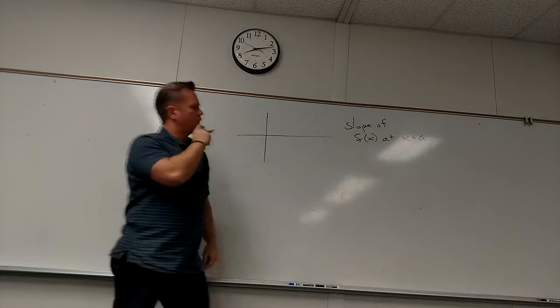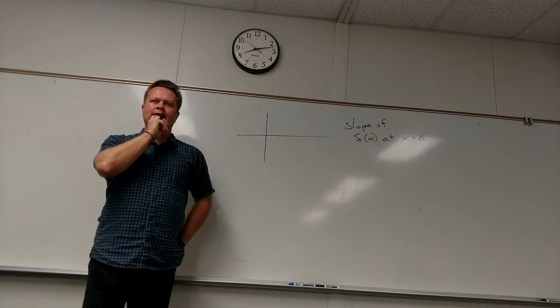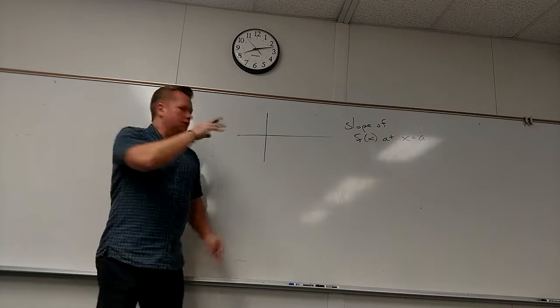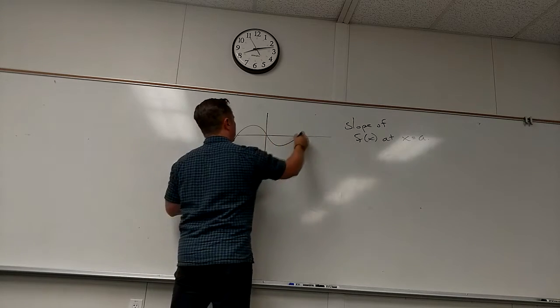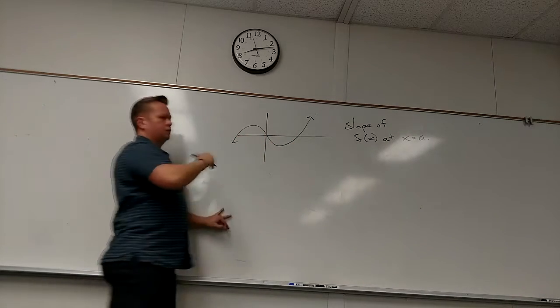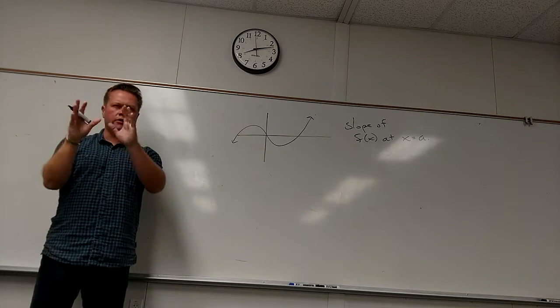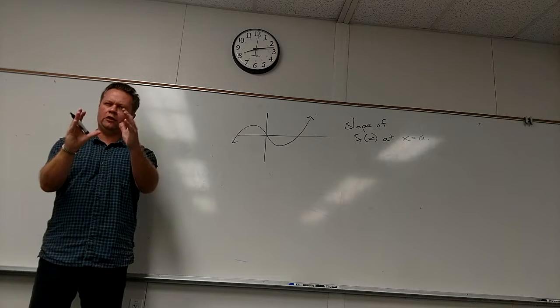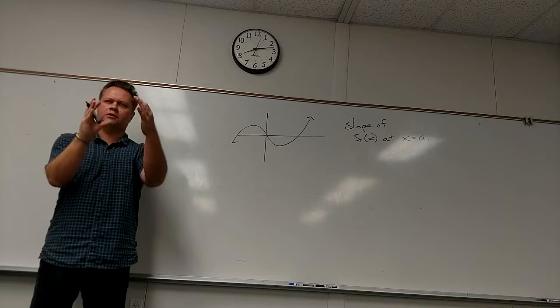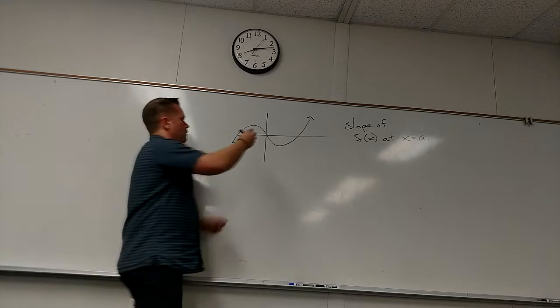The slope of f of x at x equal to a. So we've looked at this before, and I'll remind you of the way we did it before soon, but I want to set up a slightly different look, just so you know what to expect when you see it in the book.